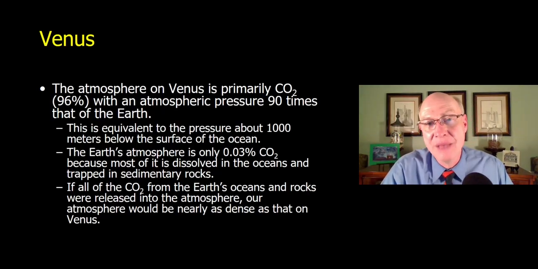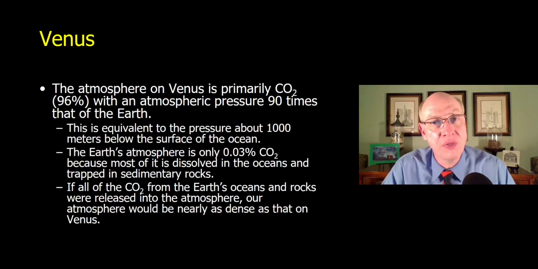So the Earth's atmosphere, our atmosphere, is only about 0.03% carbon dioxide. And that's because most of the carbon dioxide is dissolved, in the past, dissolved in the oceans and then was turned into carbonate rocks. And so most of that carbon dioxide today is trapped in sedimentary carbonate rocks.